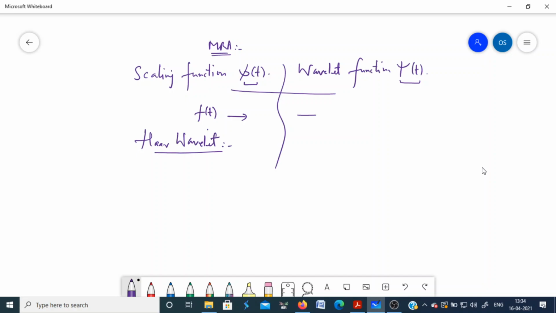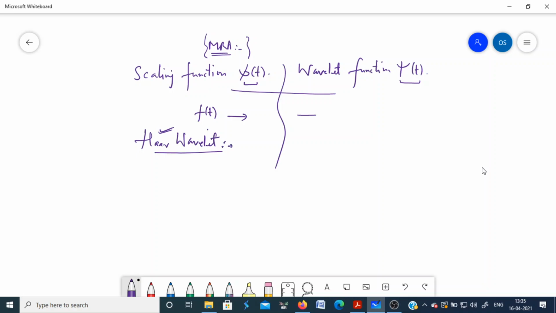In fact, the first wavelet system that was designed by Haar, which is termed the Haar wavelet. So in order to explain this concept of multi-resolution analysis, we will take some examples from this wavelet system, Haar wavelets.